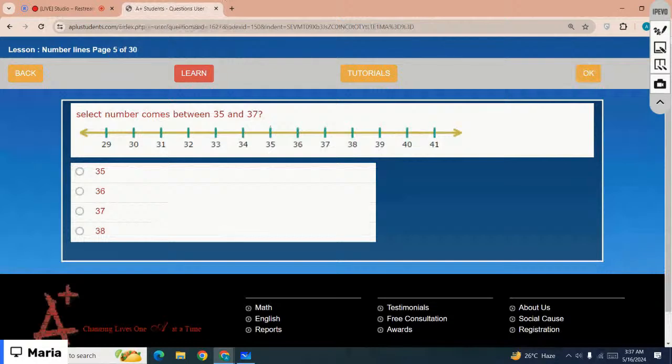So which is the correct option? The correct option is 36.